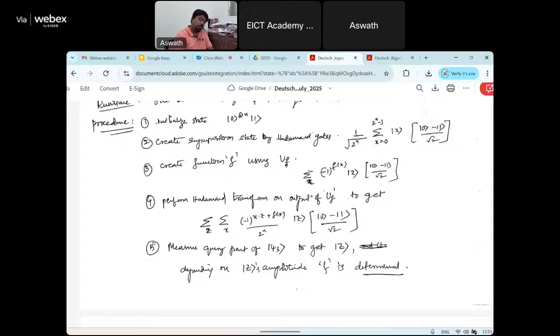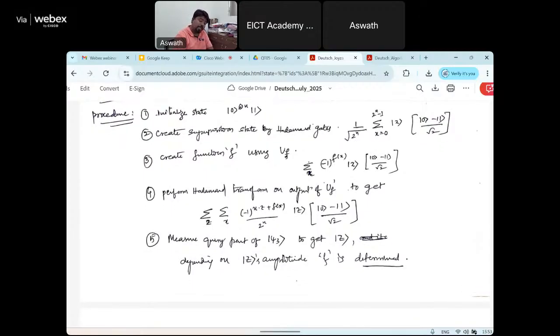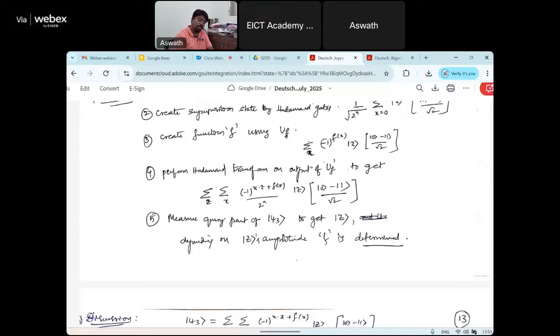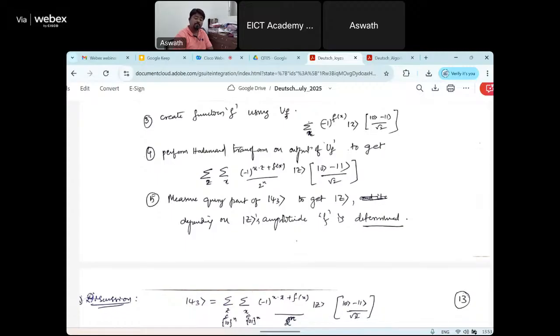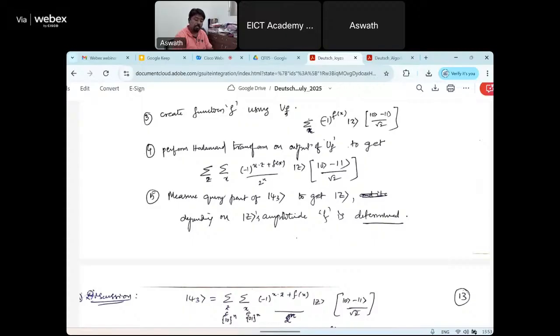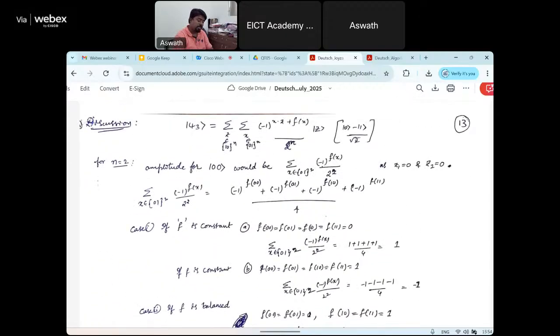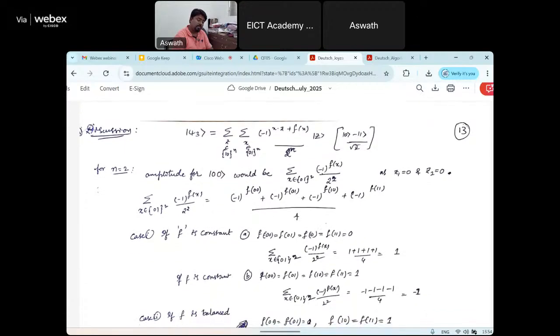Once he performs the Hadamard transform, he will get a quantum state psi3 that he will send to Alice, or he can choose to send it even before the Hadamard action. Alice would do that Hadamard action, take the psi3 and assess it. If psi3 falls to Z, where Z is all zeros, then f is constant. If it is anything other than all zeros, that means f is balanced. Very, very simple logic. You can see the n equal to 2 situation I have discussed.